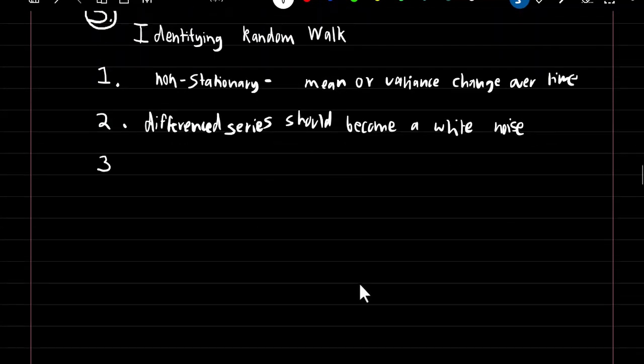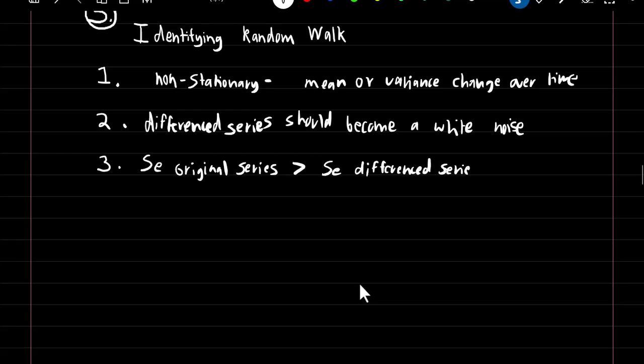And finally, the standard error of our original series should be greater than the standard error of our difference series. We already found the standard error of our difference series to be equal to 2.217. It's our white noise.